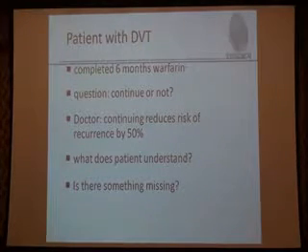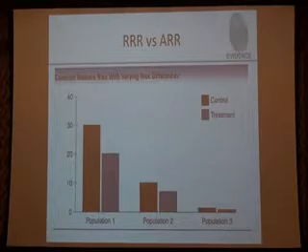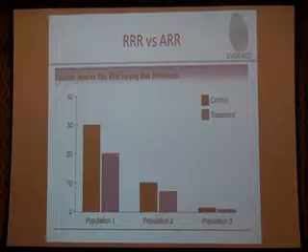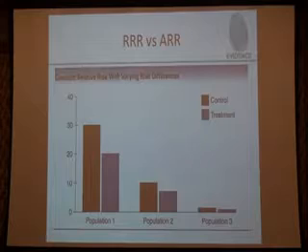The number needed to treat, the absolute risk. If the patient belonged to this population, the risk of a second event is 30%, would go down to 20, 10 events saved. If the patient is here, 10% would go down to 6, 4 events saved. Or this is a 67% reduction, not 50. But if the patient has a risk of 1, we'll go down to a bit less than 1.